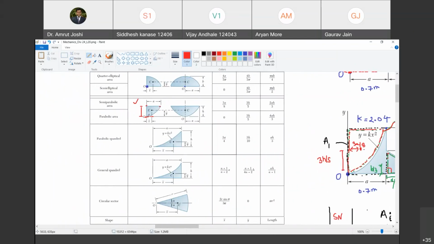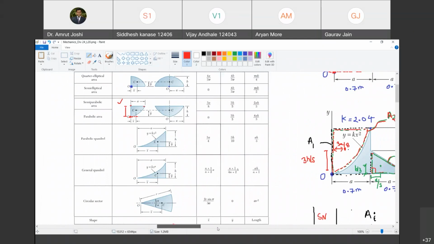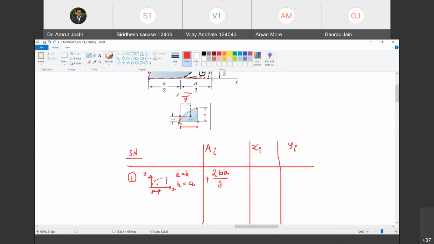Y bar is the distance from O, and to achieve this figure, we have to do this tilt and flip. Do you agree with me? Yes, sir. So whatever is the formula for y bar there is going to be our x here.